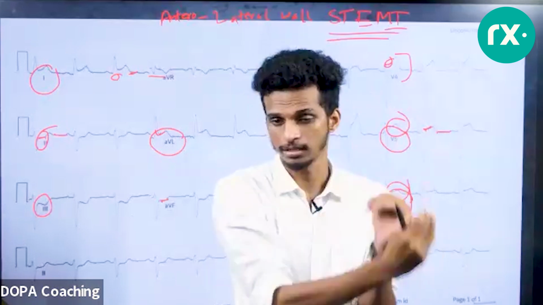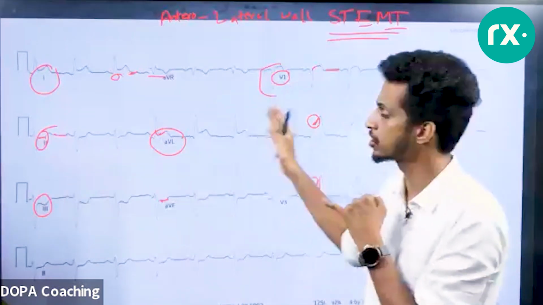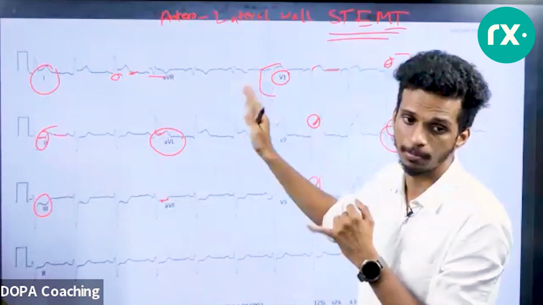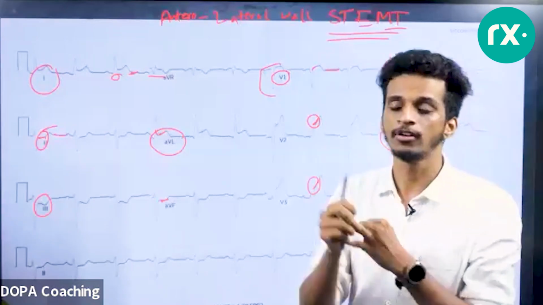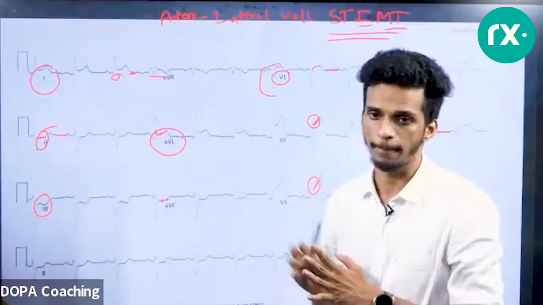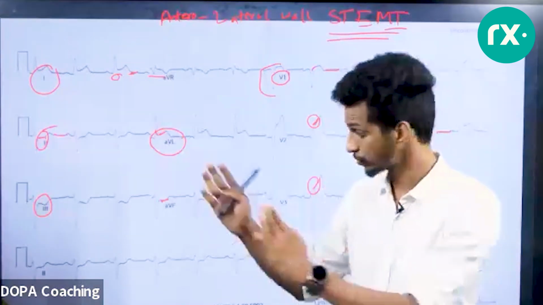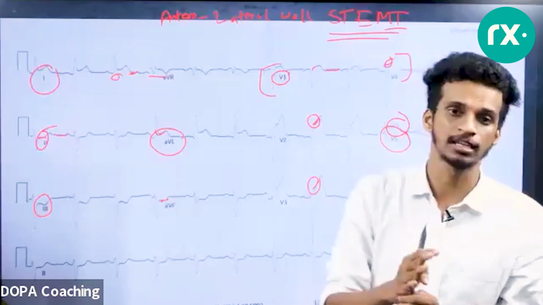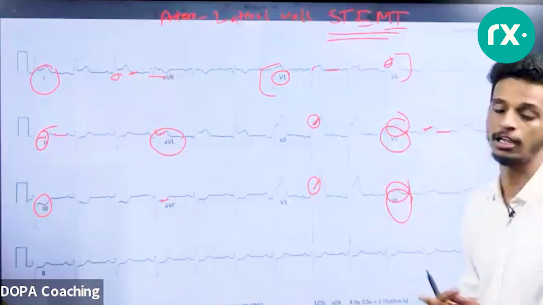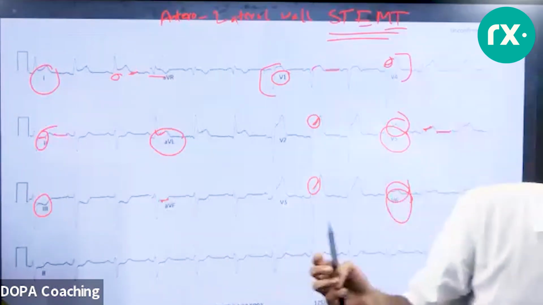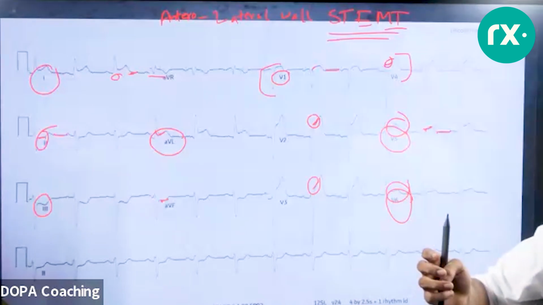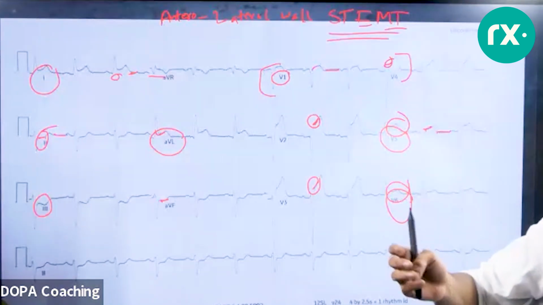One is STEMI and NSTEMI, and we have discussed the classical changes in NSTEMI and STEMI and the changes in arrhythmia. We have discussed every single type of arrhythmia. I hope the changes in ECG, like ST elevation in STEMI and NSTEMI, are clear to everyone. If this is clear, I can just... somebody is asking what are reciprocal changes.